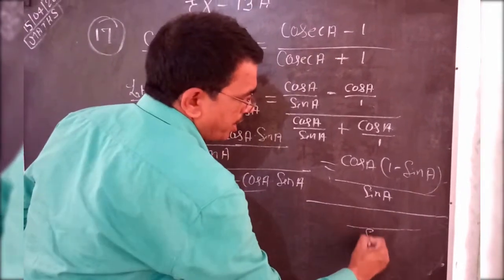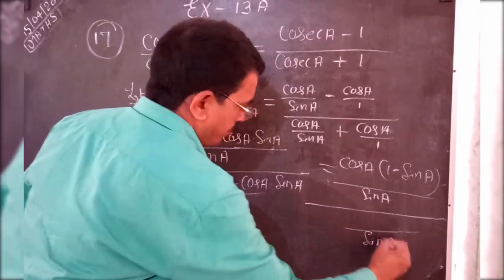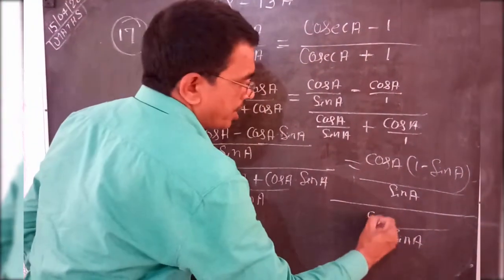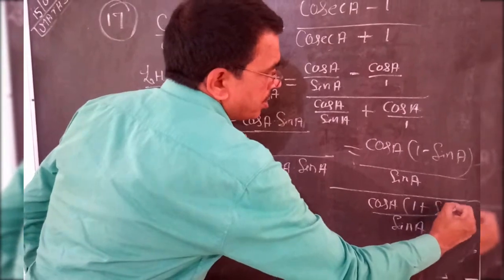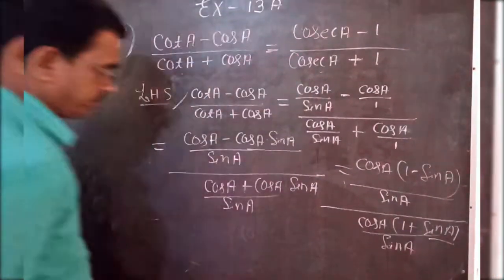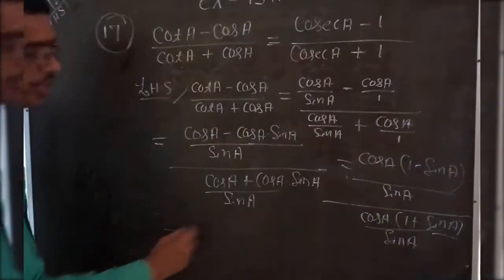Here also sin A, and common here cos A, then it is 1 plus sin A. What you get?